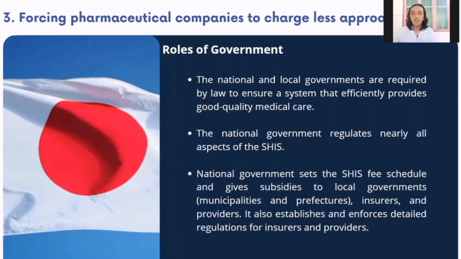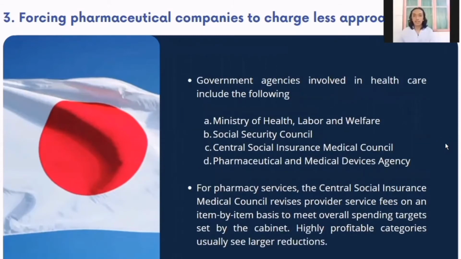Government agencies involved in healthcare include the following: Ministry of Health, Labor and Welfare, Social Security Council, Central Social Insurance Medical Council, and Pharmaceutical and Medical Devices Agency.